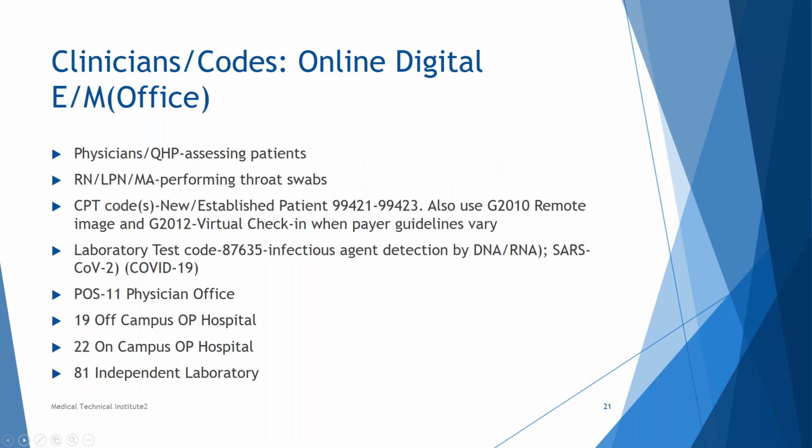Now, this is for the online digital E&M for the office. So this is you talking to your primary care physician. And of course, we have our physicians or other qualified health professionals that are going to assess you.